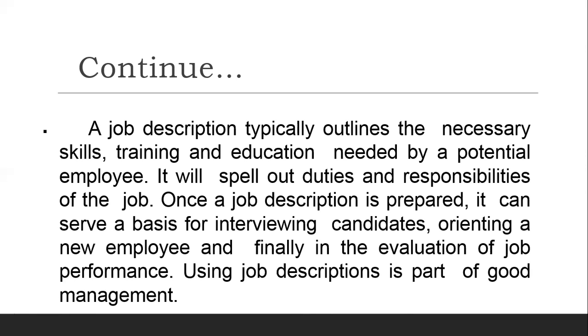For example, if you have joined an organization as an area sales manager, then what kind of skills should you have? You should have leadership skills and better communication skills, right? The organization should know that, so based on that they can recruit better employees for the organization.